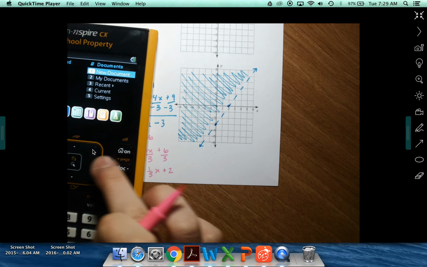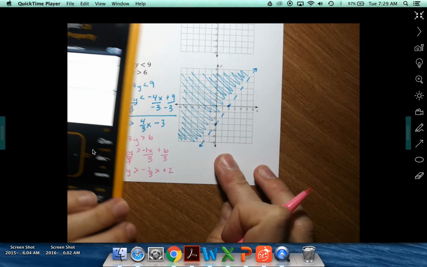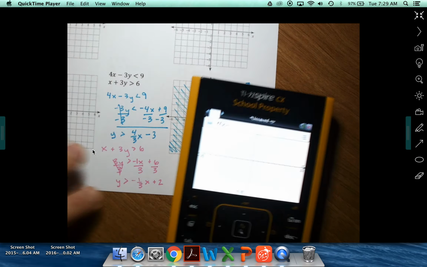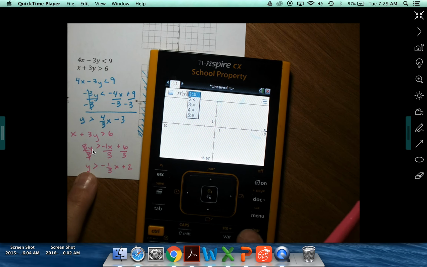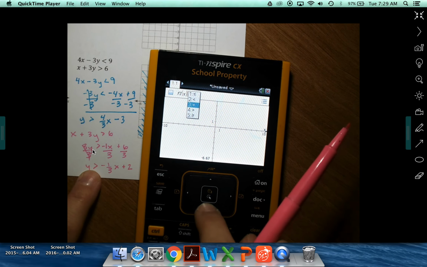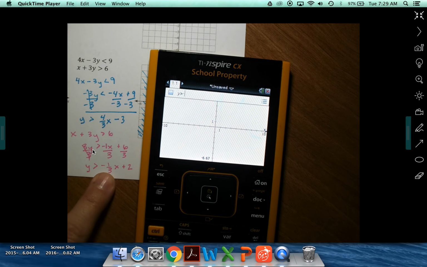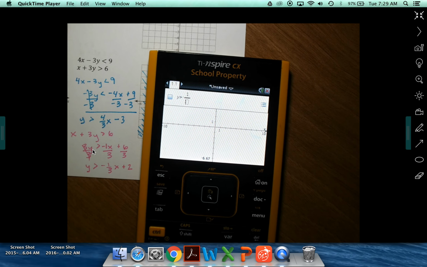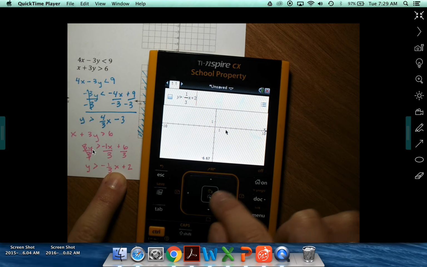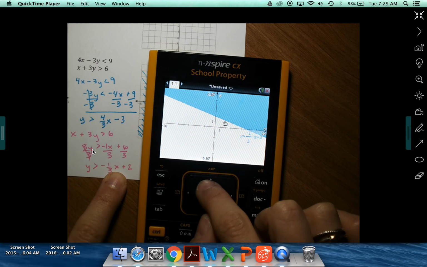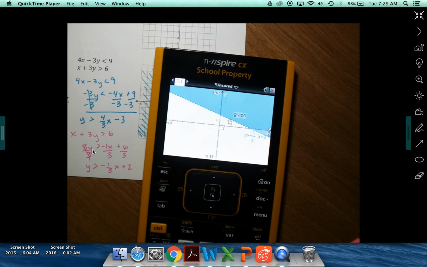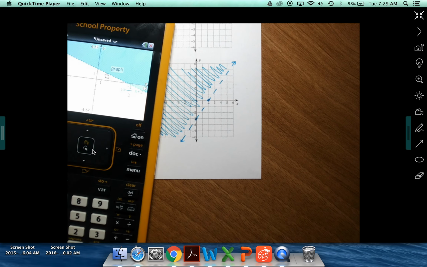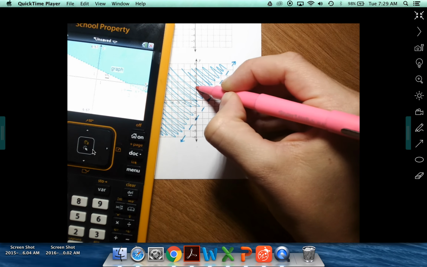So now I can get that graphed as well. Press delete there, remember? Go down to this fourth one. I've got negative 1/3 x plus 2. Check to see. Okay, so this line's also dotted. Remember, you've got to be careful. Now I can get this down. Got a point up here at 2.